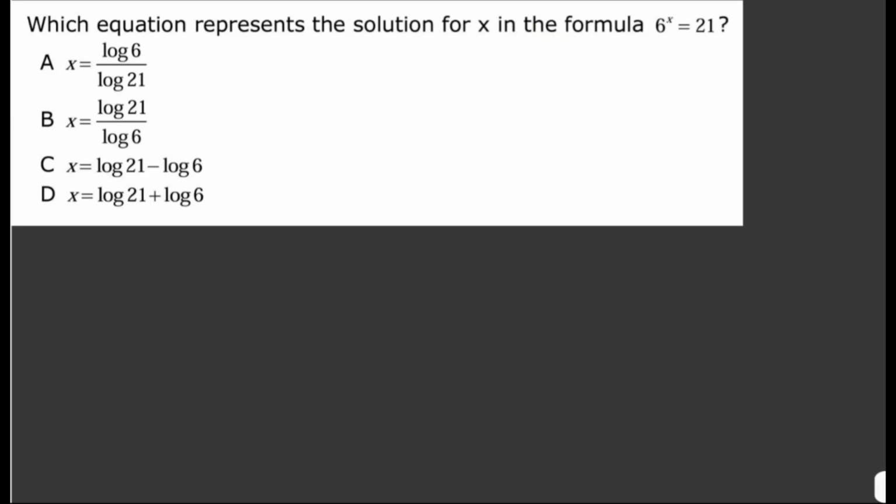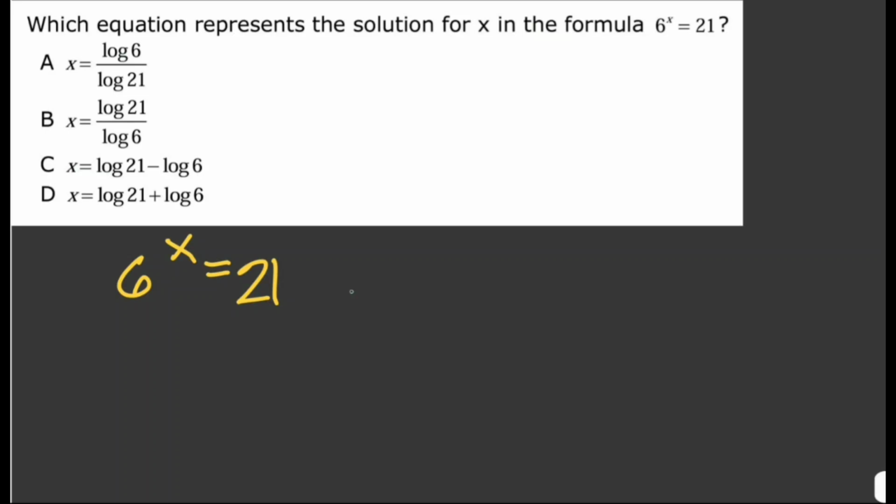Which equation represents the solution for x in the formula 6 to the x equals 21? Now to solve for the value of x here, we can either take the logarithm of both sides of the equation, or use the power rule of logarithm.